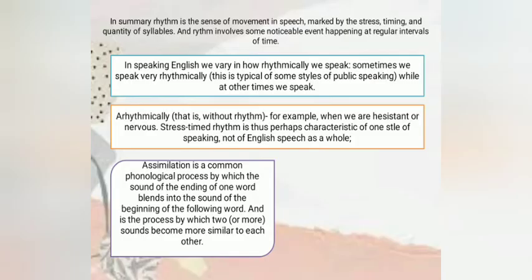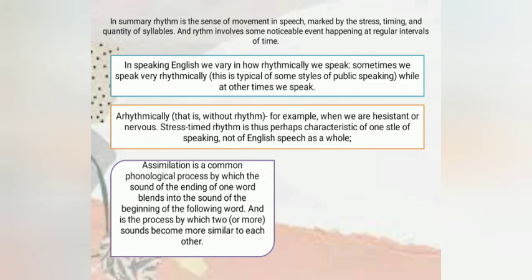In summary, rhythm is the sense of movement in speech marked by the stress, timing, and quantity of syllables, and rhythm involves some noticeable event happening at regular intervals of time. In speaking English, we vary in how rhythmically we speak. Sometimes we speak very rhythmically.